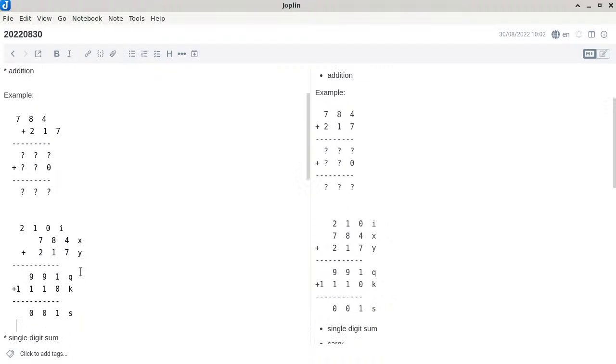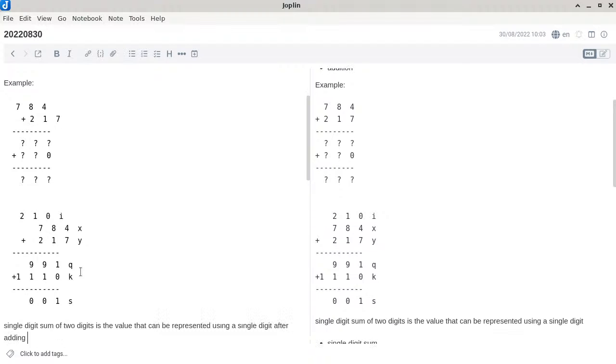And now I will start to introduce the concept of a single digit sum. The single digit sum of 2 digits is the value that can be represented using a single digit after adding 2 digits.